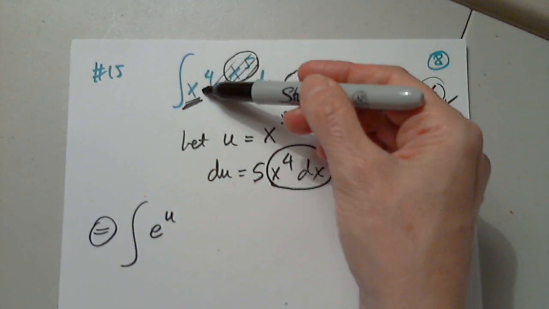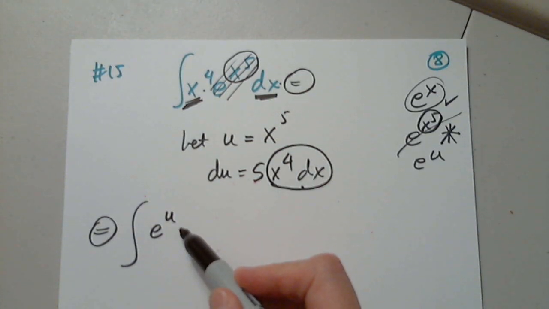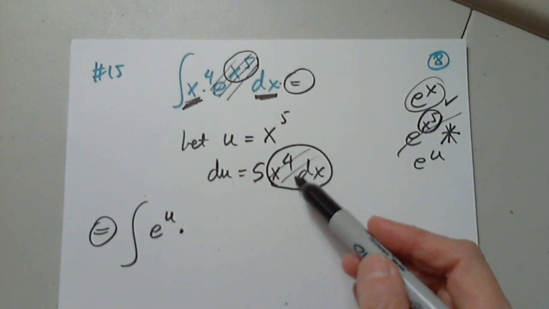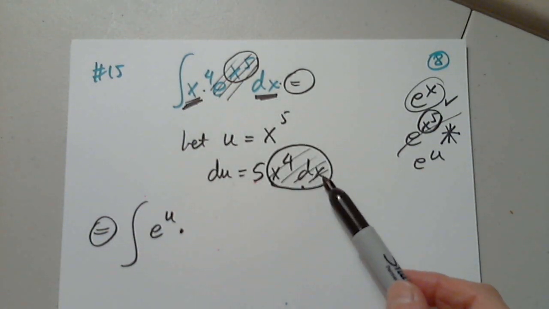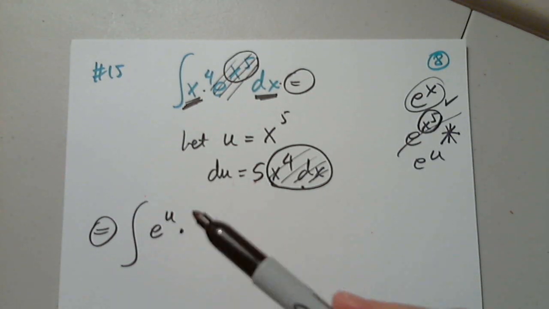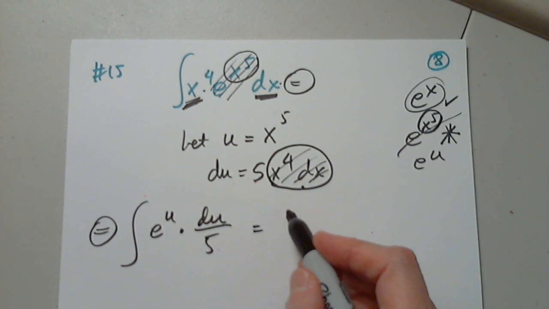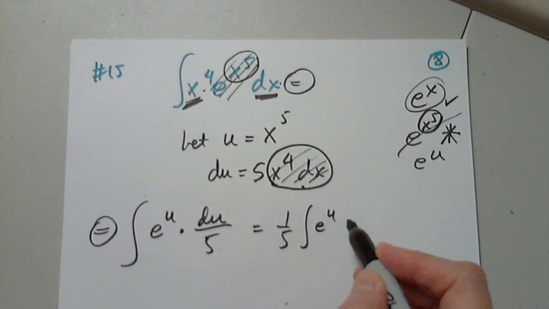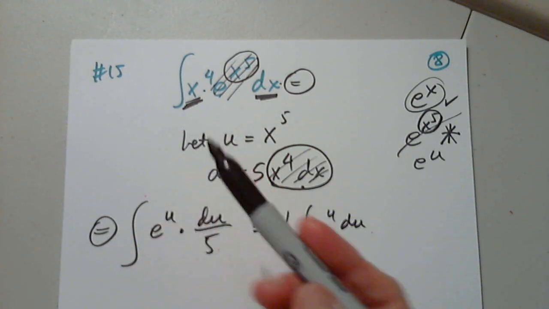What do I replace x to the fourth dx by? This piece. du over 5, indeed. Put 1/5 outside, the integral of e to the u du. So much easier than all this.